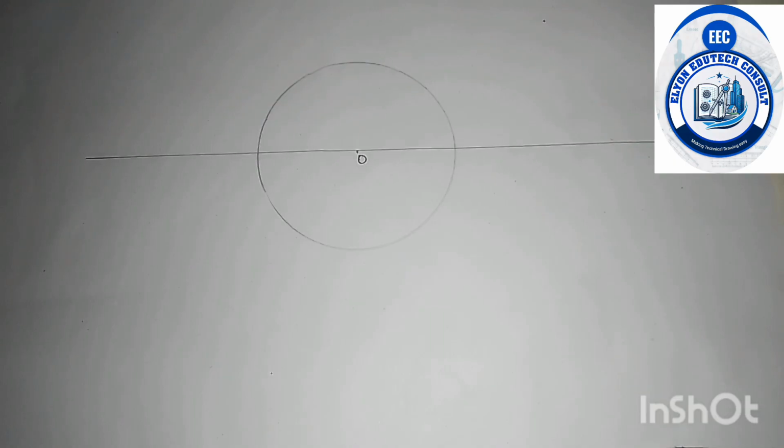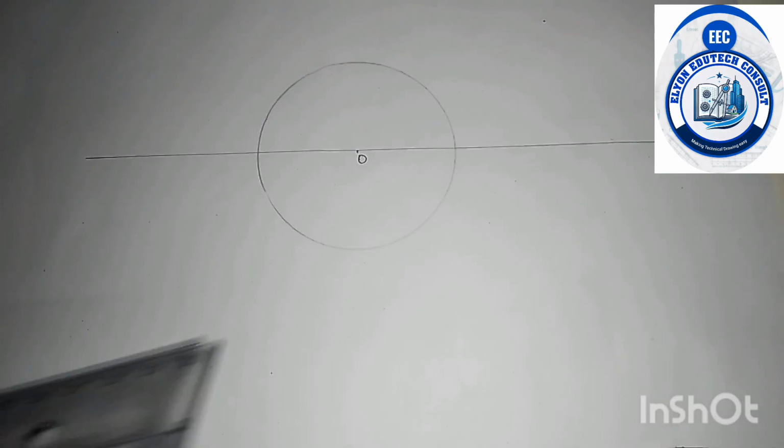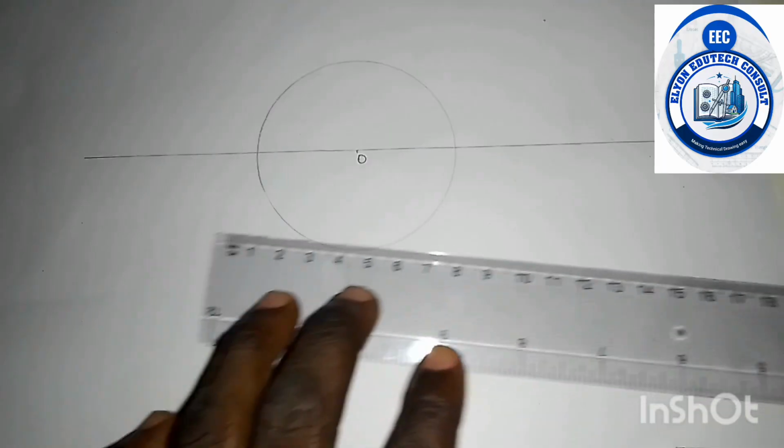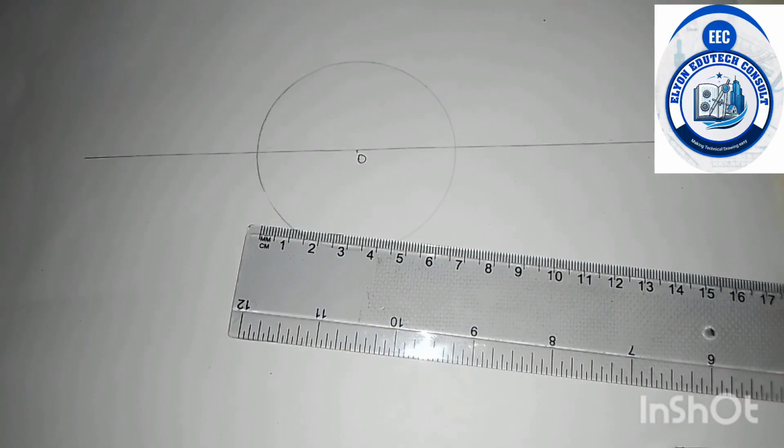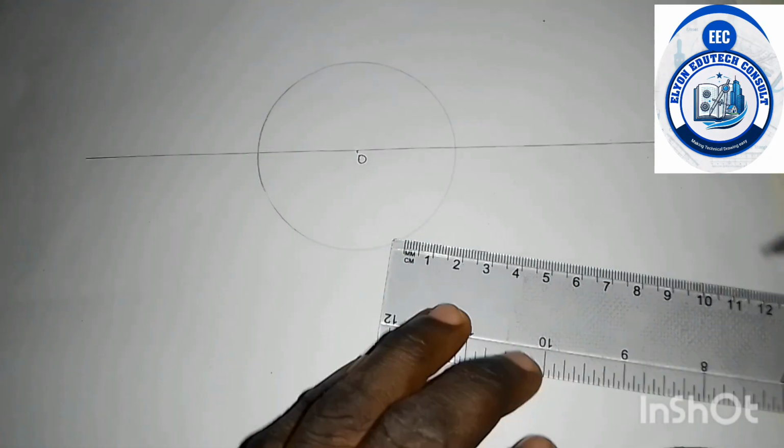Now the next thing I'm going to be doing, we are given one side of the rectangle to be 35, and we know one of the properties of a rectangle is that the opposite sides have to be equal. A rectangle has 4 sides and not all the sides are equal, only the opposite sides are equal.